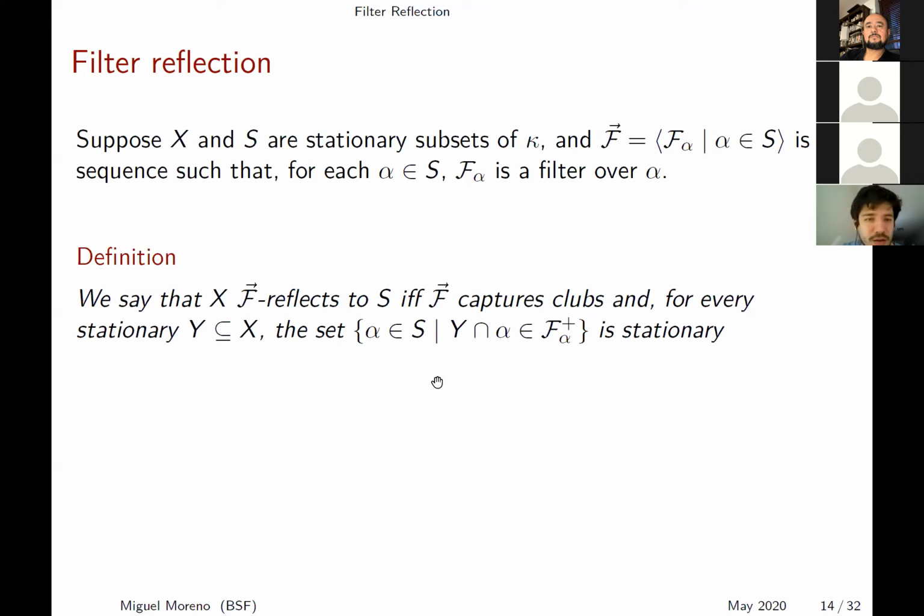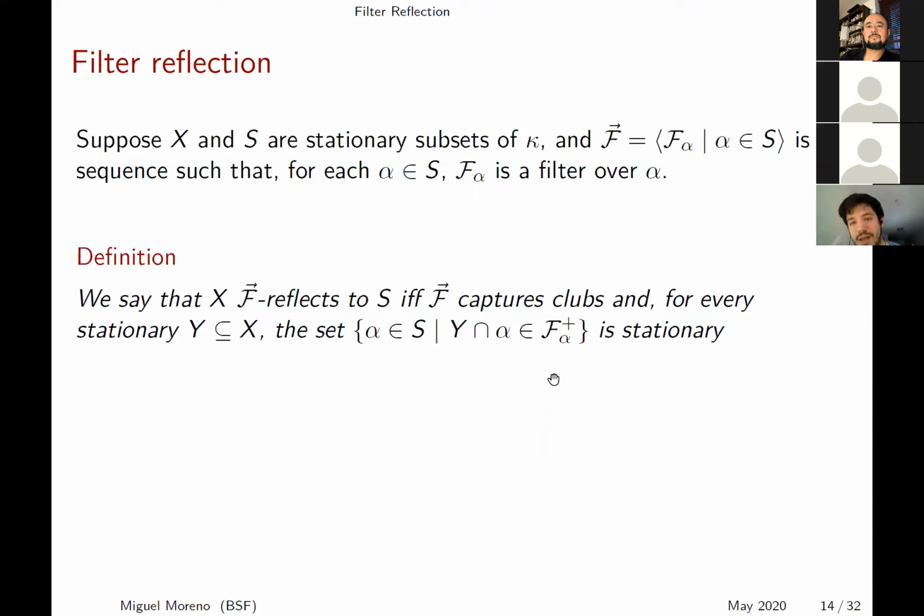Okay, so as I was saying, basically what you're saying here is that the alphas in S, such that Y intersected alpha intersects all the elements of the filter, is stationary. Remember that the elements of F alpha are what we understand as clubs in alpha. It doesn't have to have all the clubs.